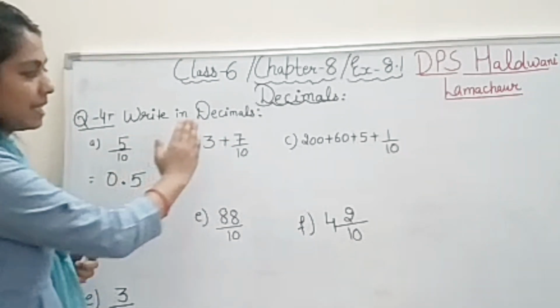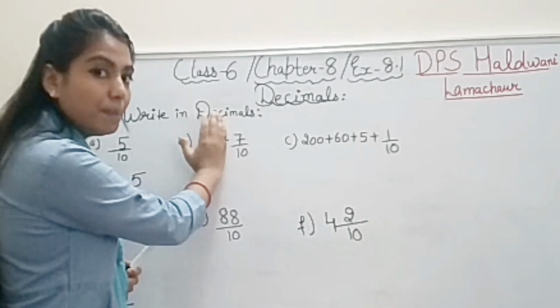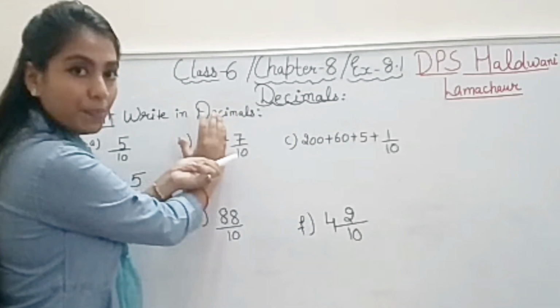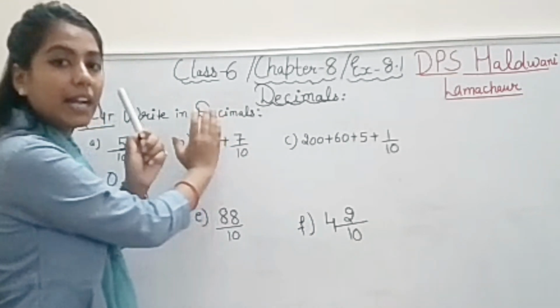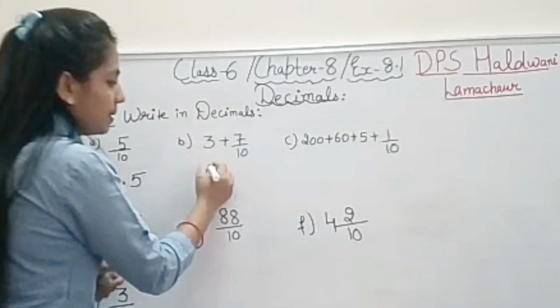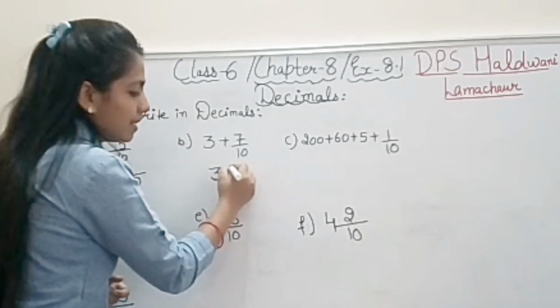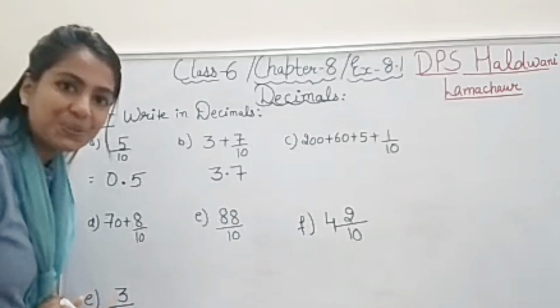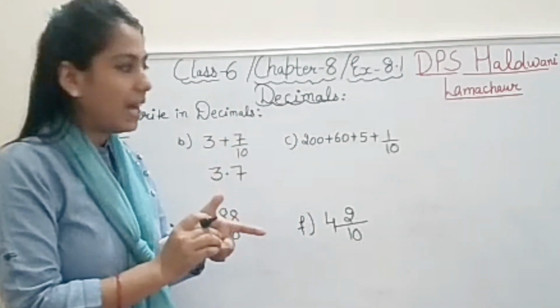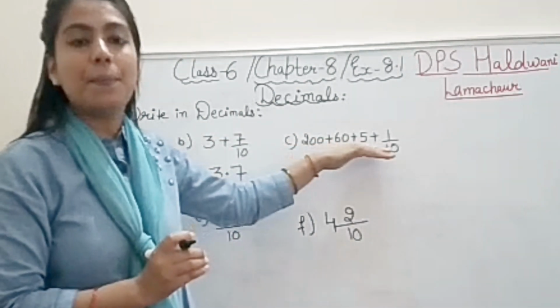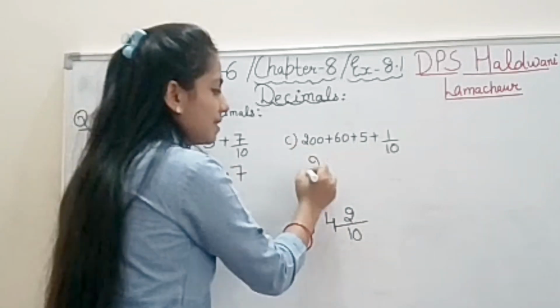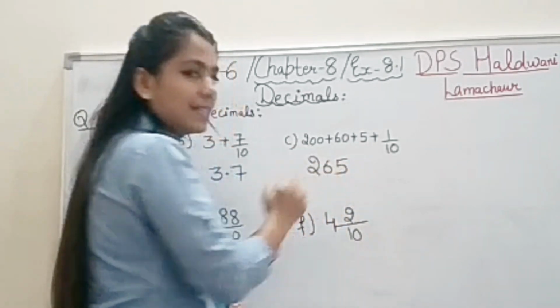B part, 3 plus 7 upon 10. As you can see, 7 upon 10 is the decimal part. It means when this number is written, before that we will write down the decimal. So it is 3.7. Got it, student? C part, you have 260 plus 5, that is 265 at ones place.